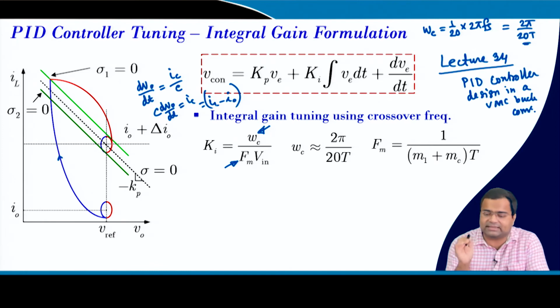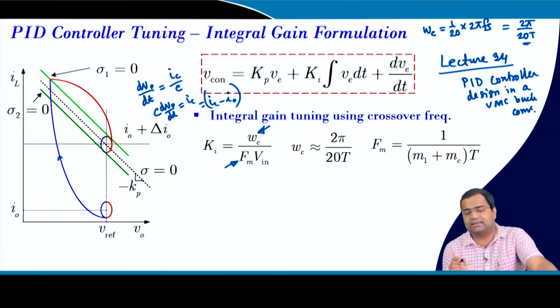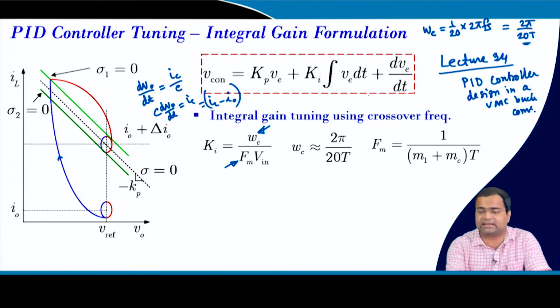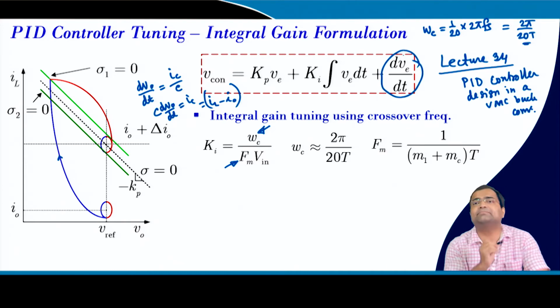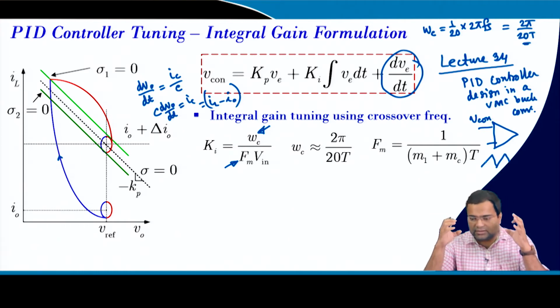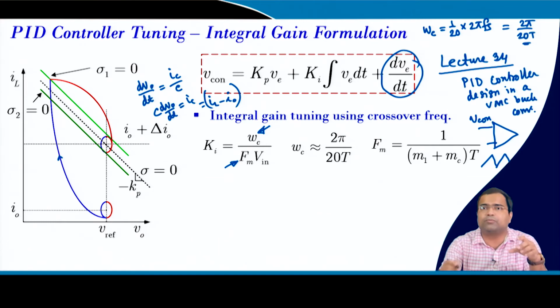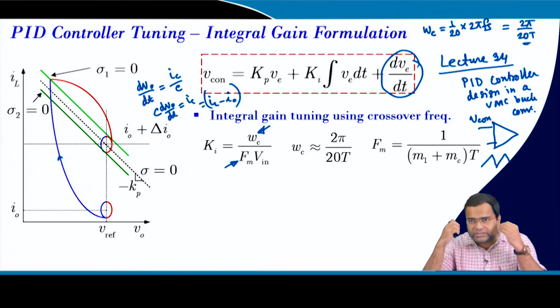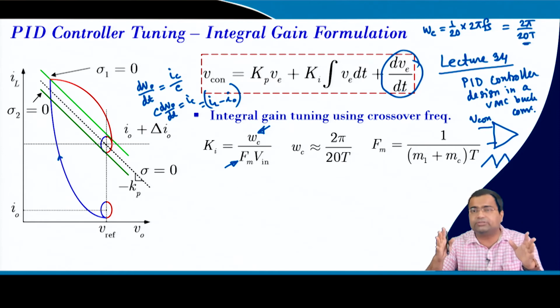So, that means the rising slope, the modulator gain here, since we are using a derivative action, it is injecting the inductor current information. Even though you can use a separate ramp, that means a separate sawtooth waveform, but this is a control voltage, and this sawtooth we are taking as a combination of the derivative of the output voltage, which carries the ripple information of the current, as well as the sawtooth waveform.